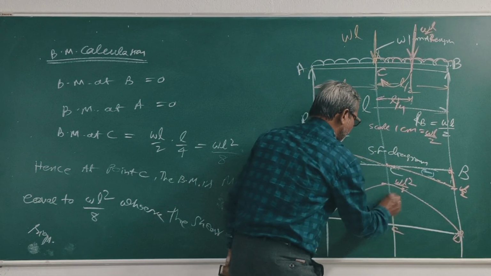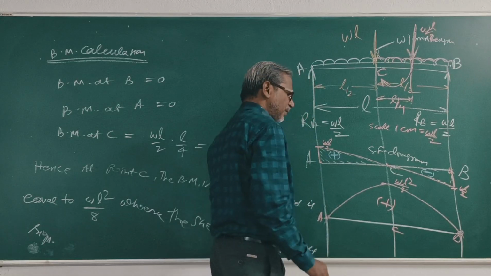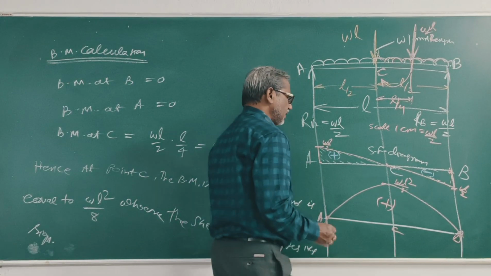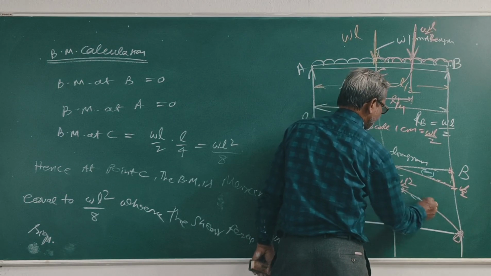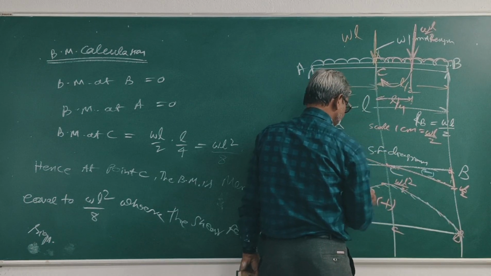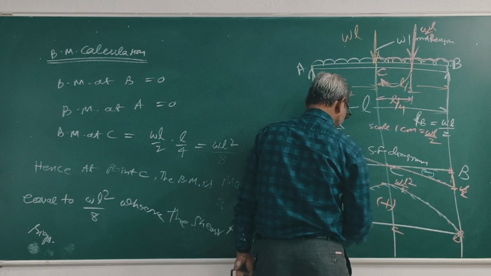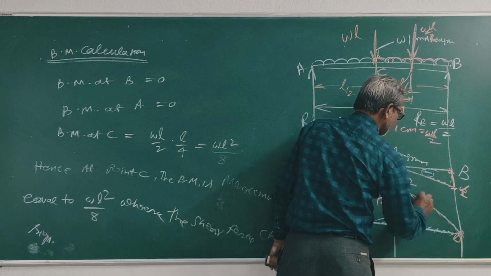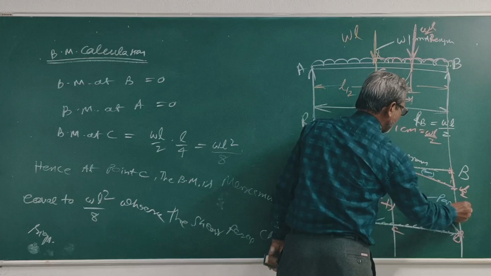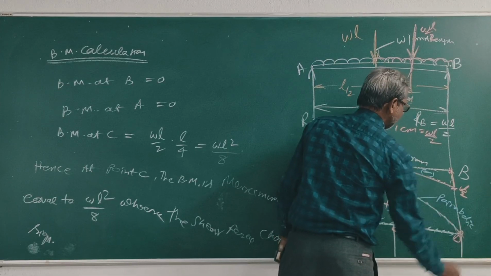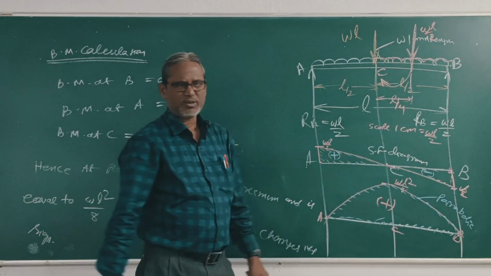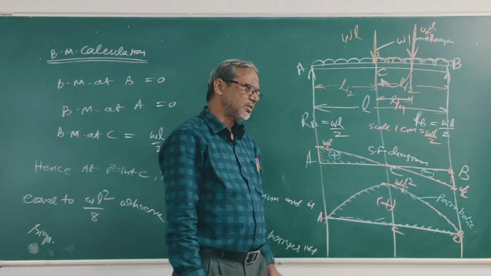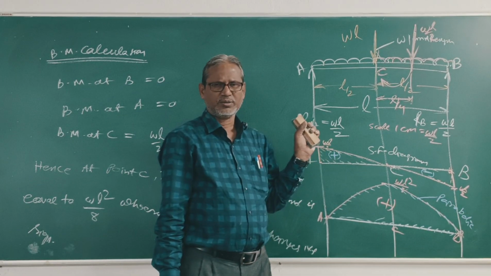This is all positive, so the diagram is above the baseline. This is parabolic. Clear? I will do some problems related to this theory.